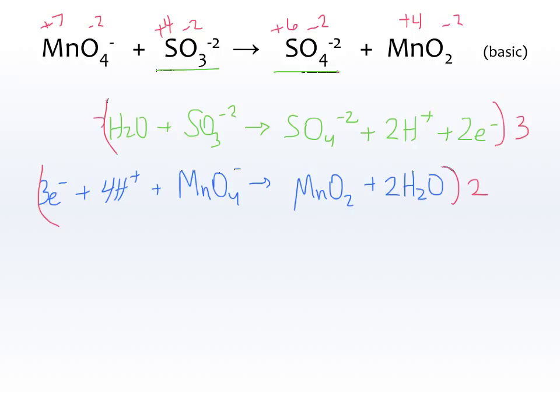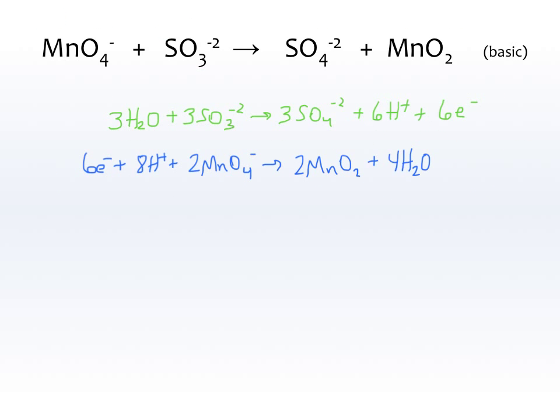So I'll put a 3 here, 3, 3, 6, 6, 6, 4 times 2 is 8, 2, 2, and 4. Rewrite it now after you've got that because we're going to start to cancel more things and it's going to start to look weird.